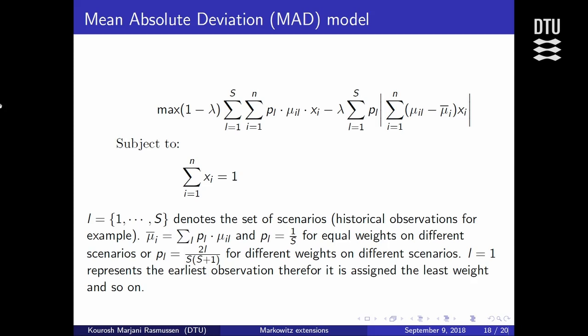P_L is equal to 2 times L, L being the number of that scenario, divided by the cardinality, the total number of scenarios, multiplied by the total number of scenarios plus 1. If you use that formula, the sum of all the weights would still be 1. But you're assigning more weight the closer you get to the time where you're executing the model, which is today. So that's an alternative way of defining weights.